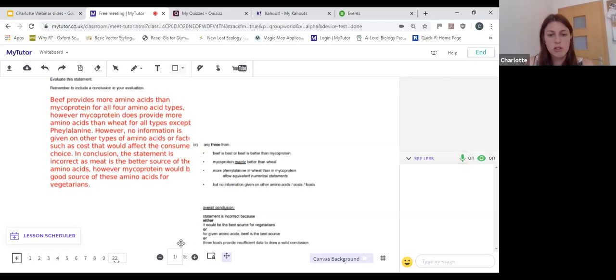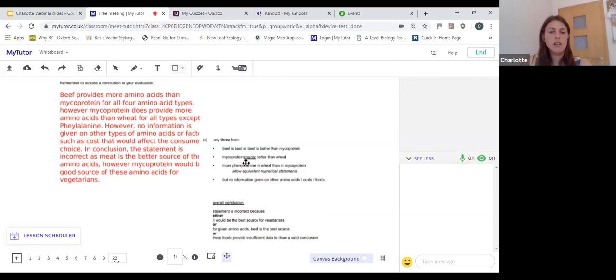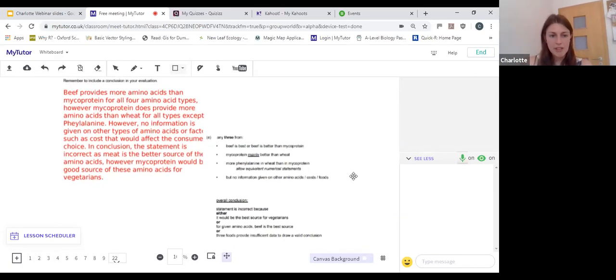Or the 3 foods provide insufficient data to draw a valid conclusion. So you can say there's not enough data here for me to know. Any of those would be fine. So this is the thing to take confidence from, really. Okay, slightly whistle-stop tour there, so I'm going to leave that up while I just finish up for today.